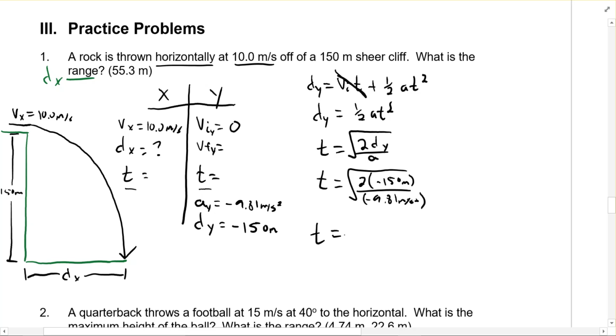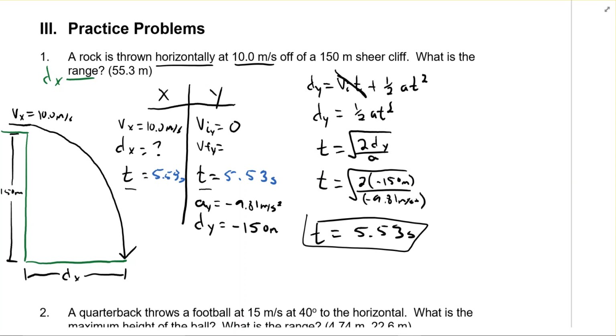Okay, so the time is equal to 5.53 seconds. Okay, so I figured out my time. That's kind of the hard part. So now I know my time is 5.53 seconds. Then it's like I'm jumping across this border here because that's the same. So this is also 5.53 seconds. Now I just need to use my simple formula of v is equal to d over t.